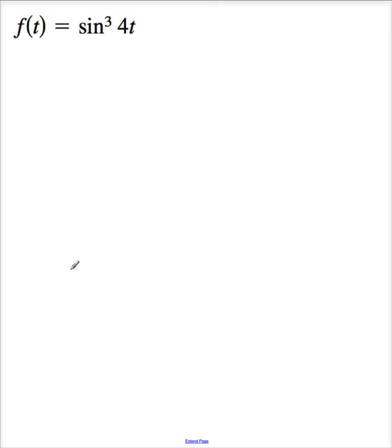Now, this one is really cool. We're going to have to use the power rule a couple times. Let's rewrite this as sine of 4t, and this whole thing cubed. So f prime of t is equal to, let's use the generalized power rule.